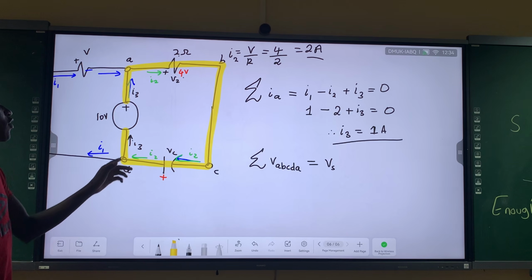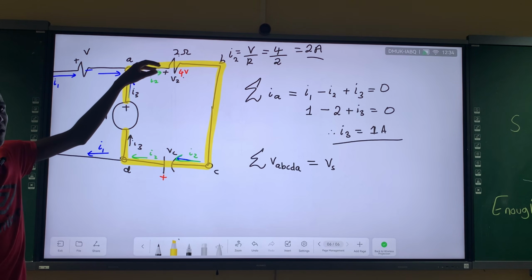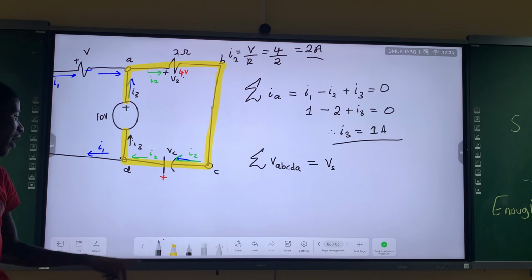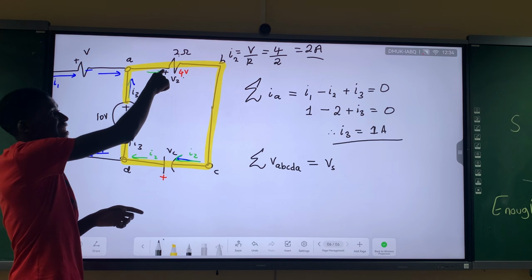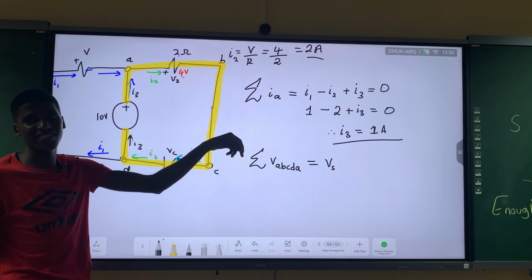Now with the loop A, B, C, D, what is the other component that is found? We've got this 2 ohm resistor with a potential difference, and you can see the current enters at the positive terminal. So that's going to be a voltage loss.